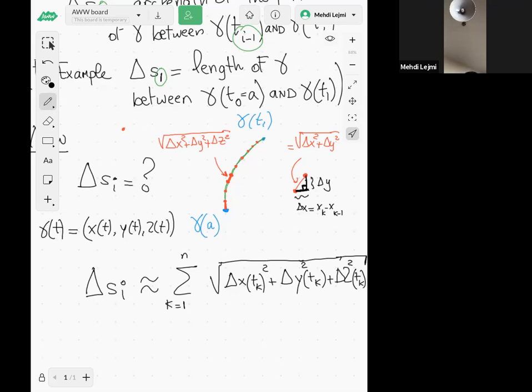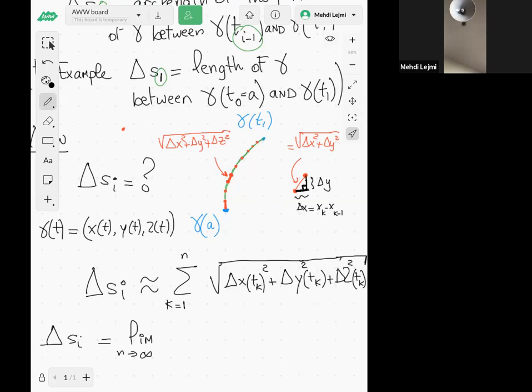Now, this is just an approximation with very small portions of your curve. The idea, of course, is to let n go to infinity. So delta s i is actually equal to the limit. As n gets very large, you have very, very small portions and you get a better approximation.